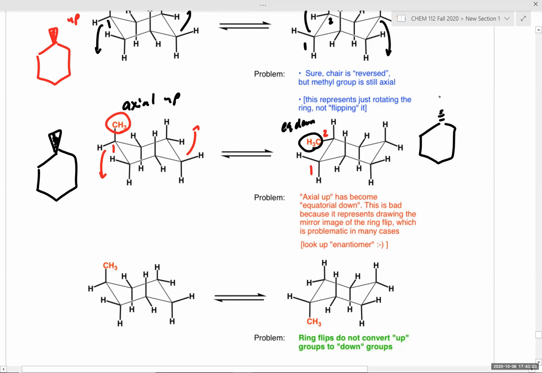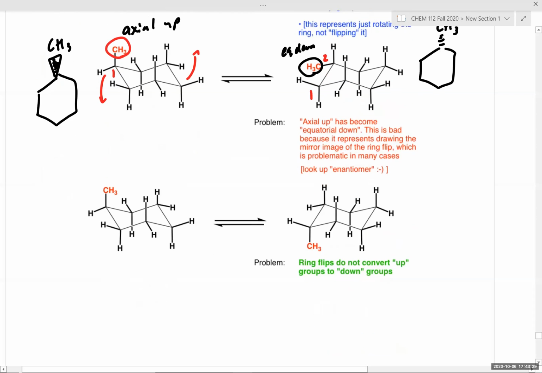So remember, ring flips do not actually alter the stereochemistry of any of our substituents. They don't alter the relative three-dimensional arrangement of our substituents. So our methyl group should be up in both of these chair conformations, both before and after a ring flip.